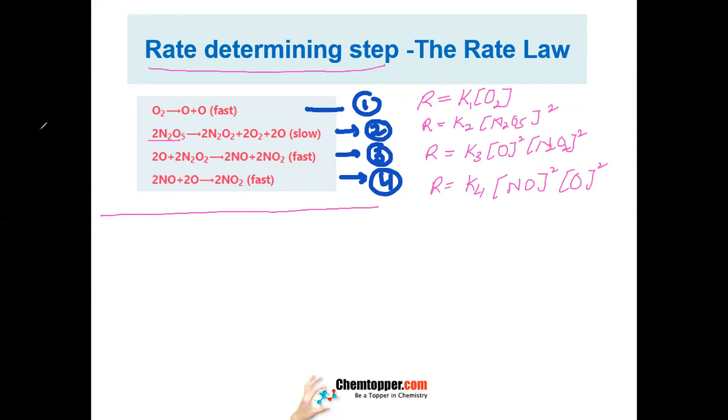So you have to check what all are the intermediates. This O2 is cancelled by one of this. This is left as one only. So O2 is the intermediate. These two O cancelled.